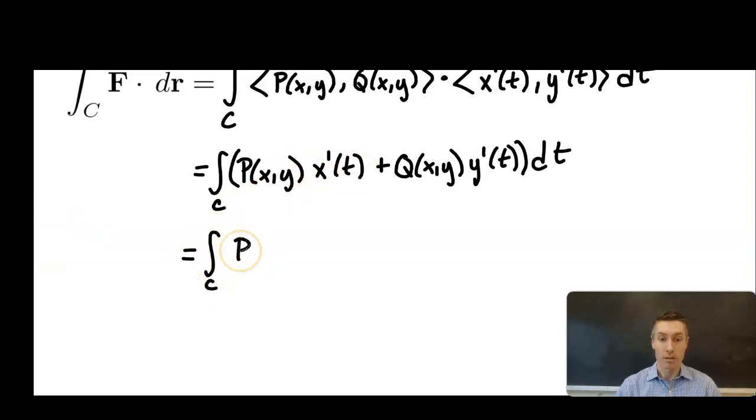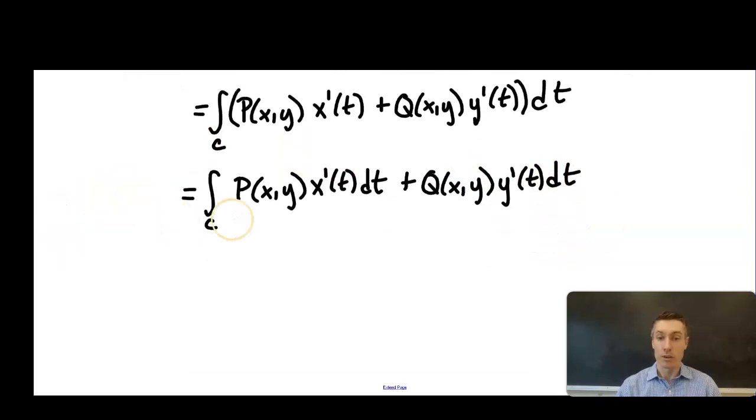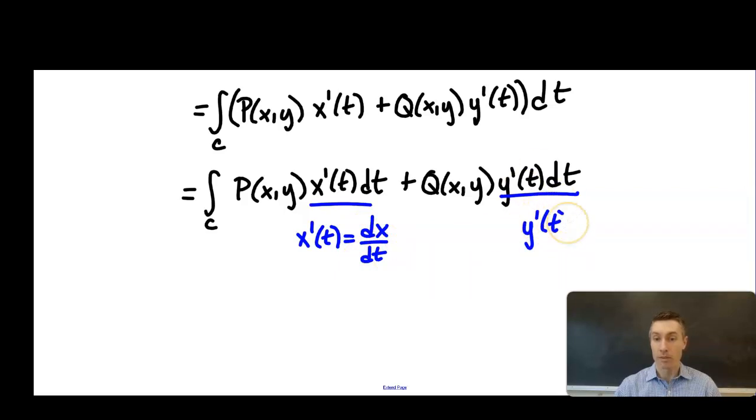We're going to do that in a moment. So it's going to be p of x y, x prime of t dt, plus q of x y, y prime of t dt. And the reason for doing that is we're going to replace the x prime of t dt and the y prime of t dt. So if we think x prime of t can be expressed as dx/dt, and then similarly y prime of t equals dy/dt.